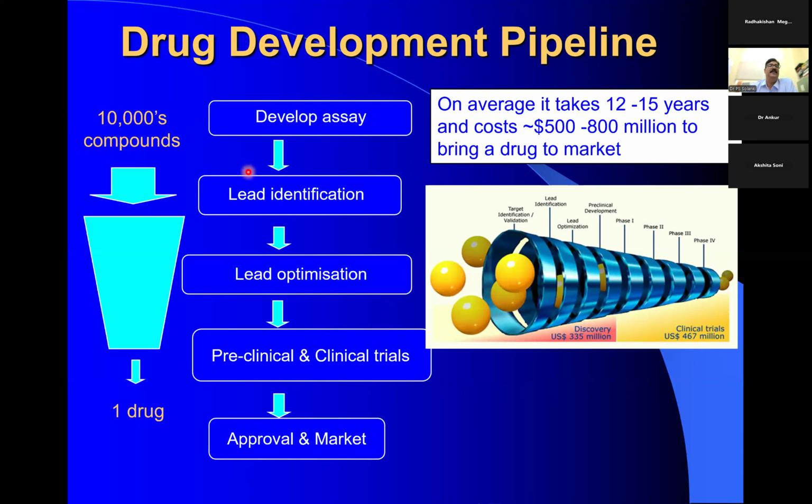So they identify a lead molecule which has a property to become a drug. So any molecule we screened after developing an assay and high throughput screening becomes a molecule which possesses the property and has the ability to convert finally into a drug molecule. So we take this lead molecule.